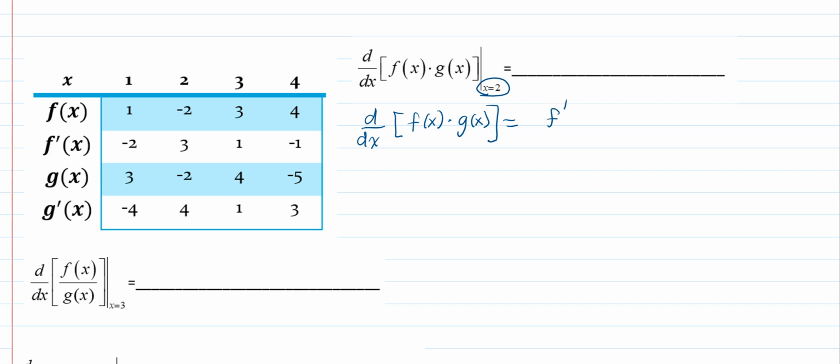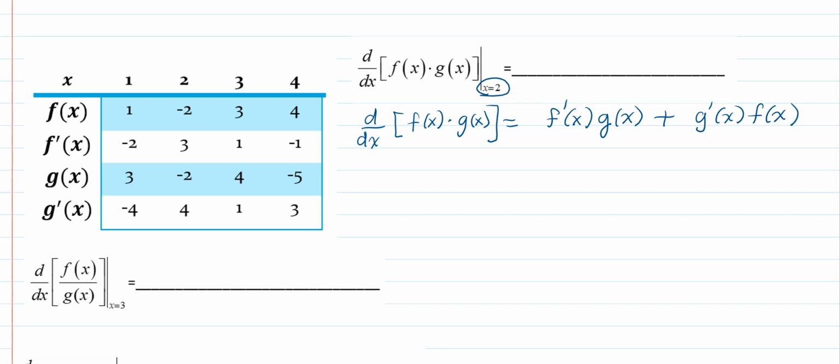It says the derivative of the first function multiplied by the second function as is, plus the derivative of the second function multiplied by the first one as is.